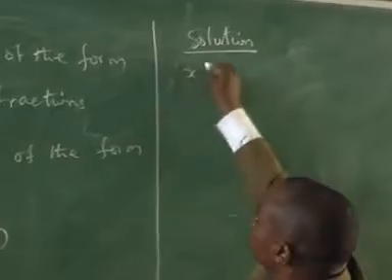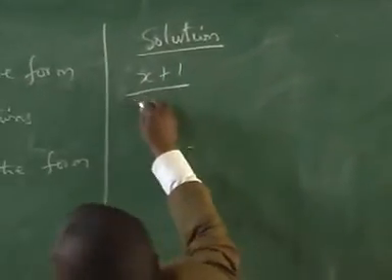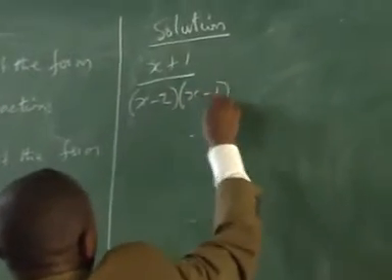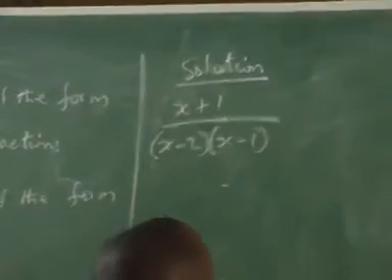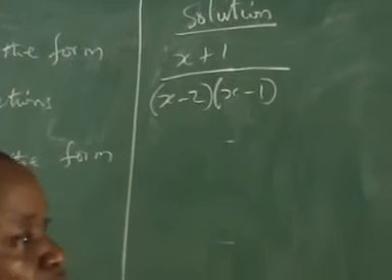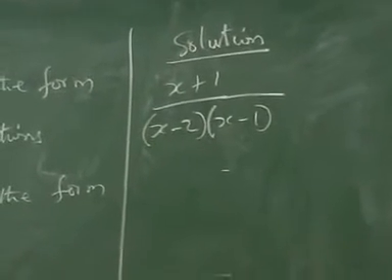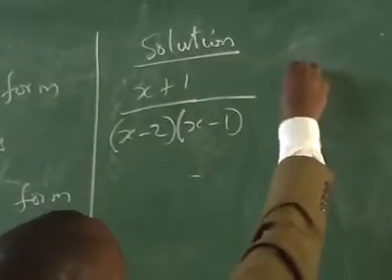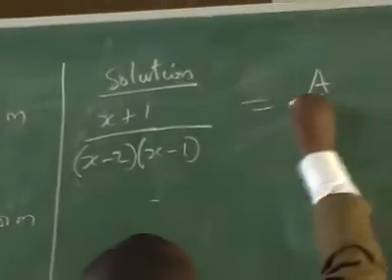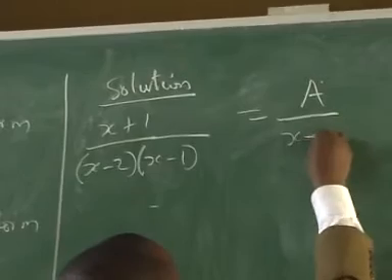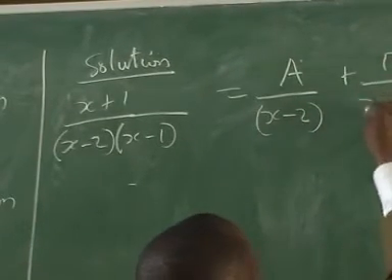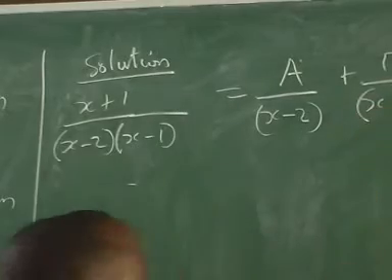We have x plus 1 all over x minus 2, x minus 1. And we say that we have to assume a partial fraction of the form a plus b all over this. So it will be equal to a all over x minus 2 plus b all over x minus 1. That is what we are saying.